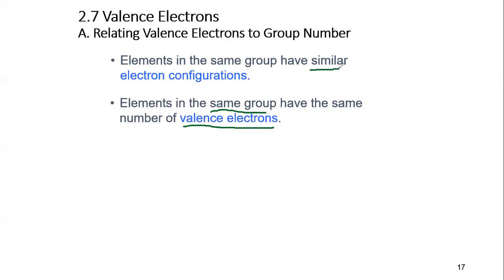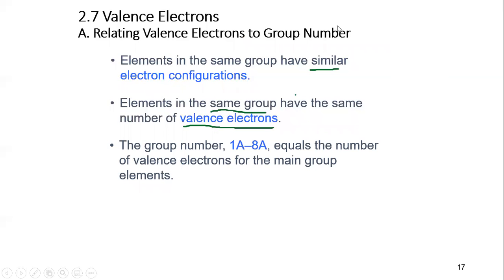It's just on different energy levels. So for group 1A through 8A, or group 1, 2, and 13 through 18, the group number equals the number of valence electrons.